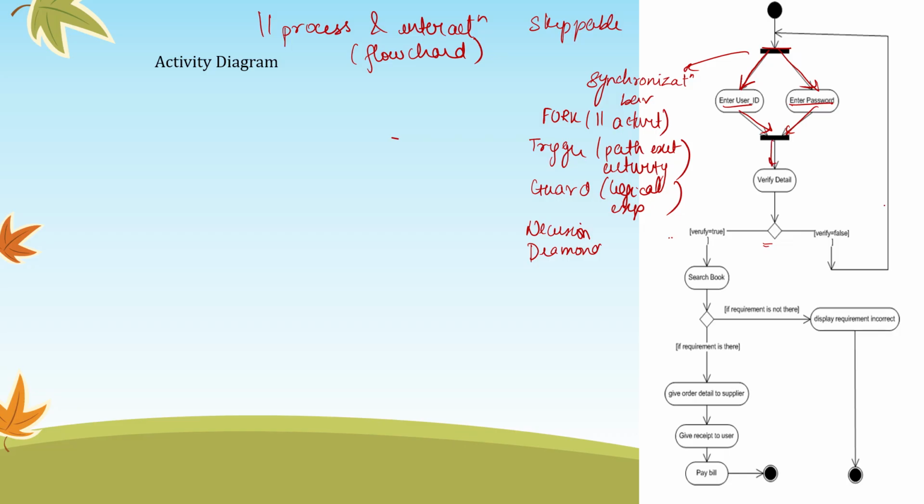Then you verify your details. Now on verification, either your verify will be true or false. If false, get back. If true, you can search book. In searching book, either the requirement is there or not there. If it is not there, display requirement incorrect and you exit. Otherwise, you give order detail and so on.